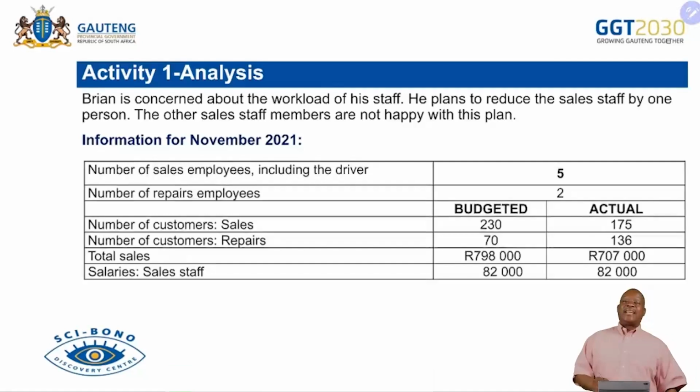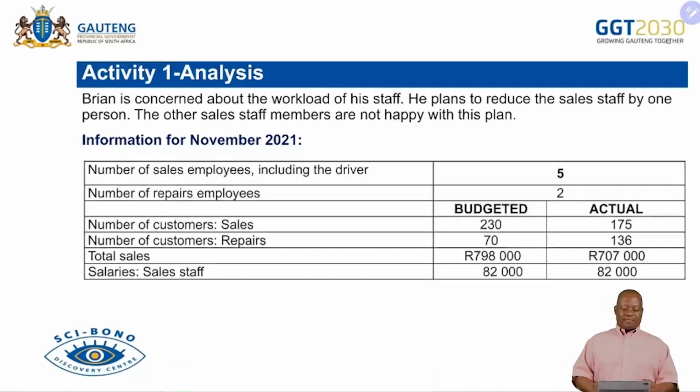We are getting 136 customers, far more than the budgeted. What does that mean? It means one repair technician or employee is going to end up serving nearly 70 customers, nearly double what they should have been serving.